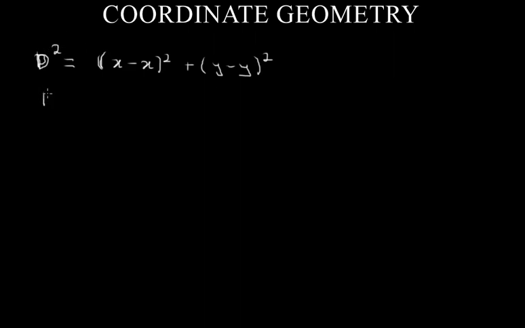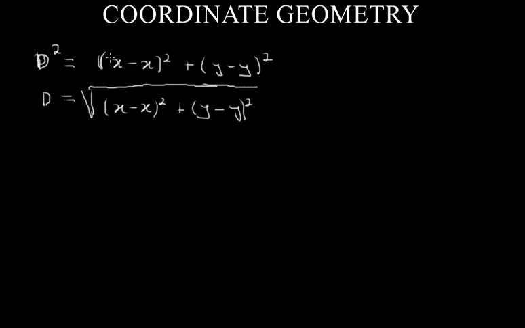So we can square root that and we would have d equals, if we place the square root there, it means we place the square root on the other side as well. So this is equal to the square root of (x2 minus x1) squared plus (y2 minus y1) squared.